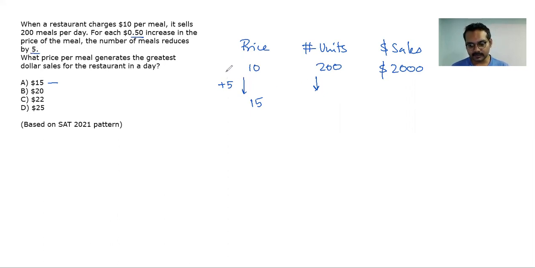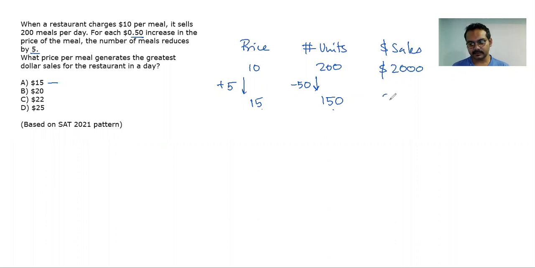Let me repeat this once more. If this is plus 0.5, then this is minus 5. Hence, if I do it 10 times here, so plus $5, because the first option is that, here also it will be 10 times, so it would be minus 50, and that would be 150 units.